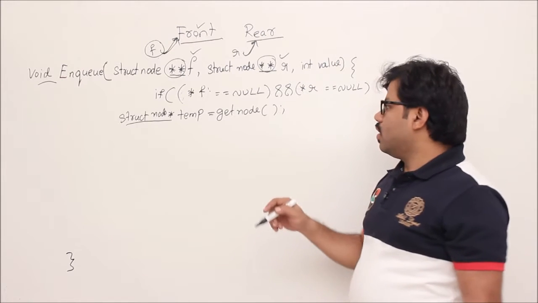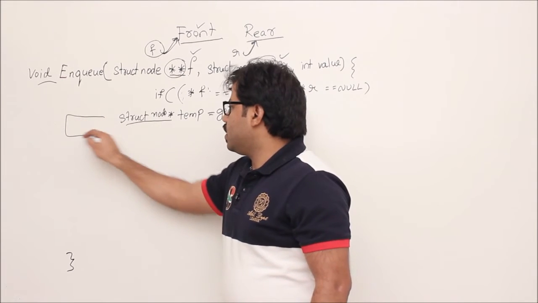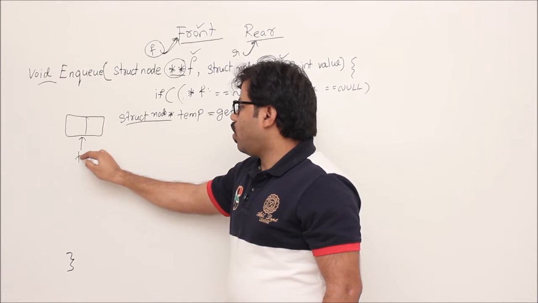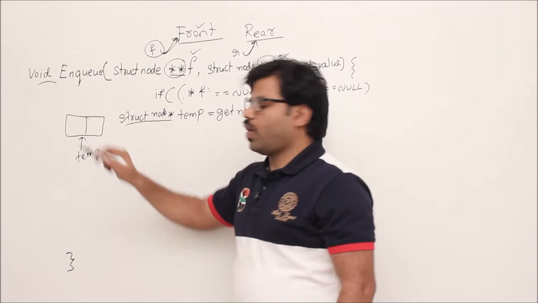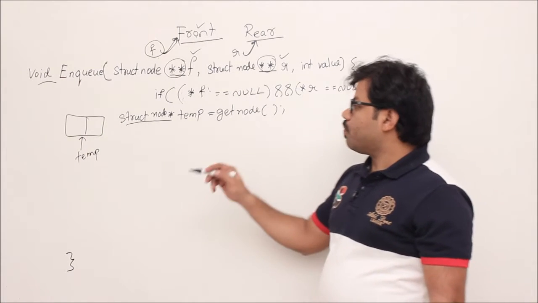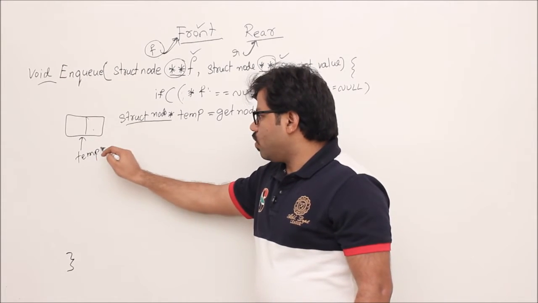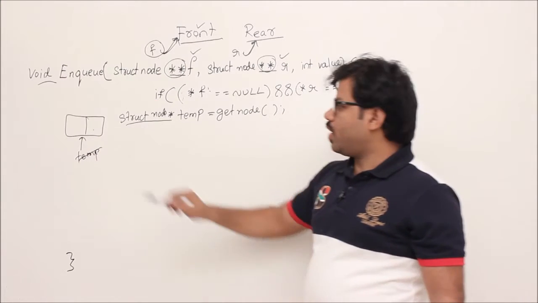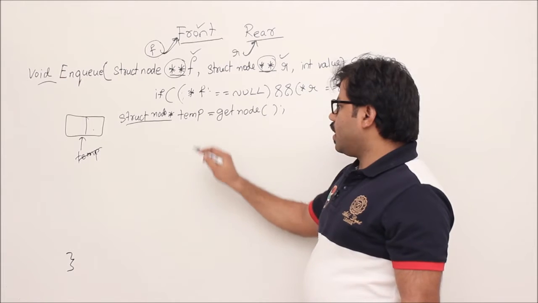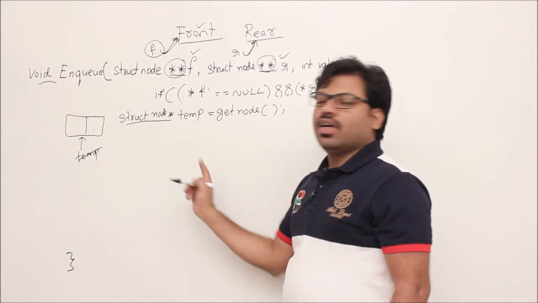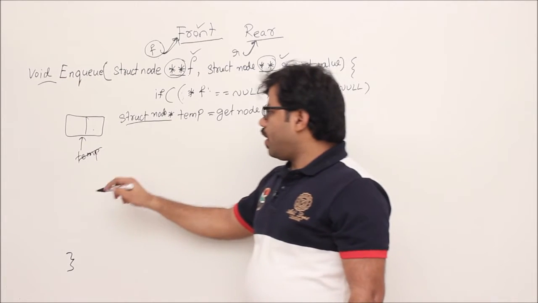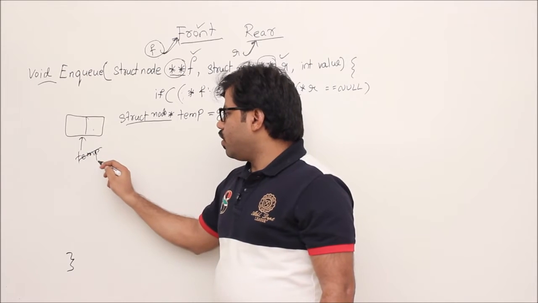After that what? So let me show pictorially. This is what happened. So one box is created and temp is going to point to it. Since it's the first node, front and rear should be updated to this temp, right? That's why the logic is front equal to temp, rear equal to temp. Whenever front equal to temp, what happens? Do you remember?